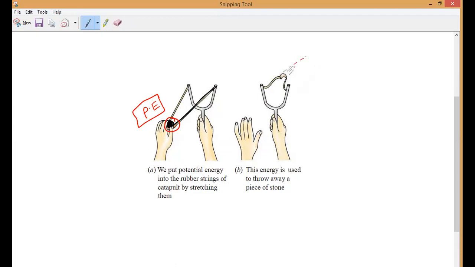The stone will keep on going very forcefully towards the front. At this situation, which energy will be converting? The potential energy is converting into kinetic energy. Here also, by stretching we are feeling which energy? Potential energy.